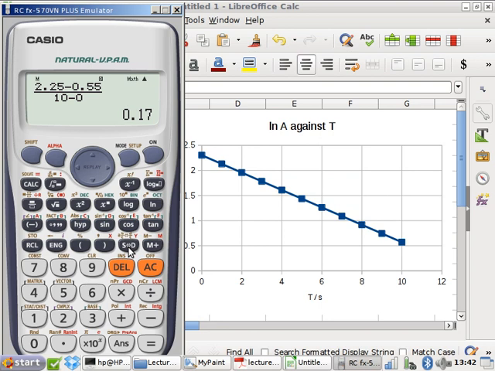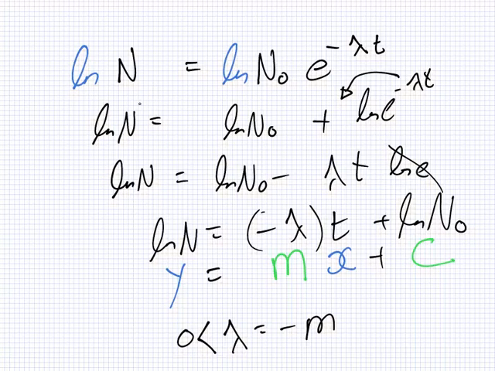In my head I'm changing the signs. I know the answer should be positive, so I'm making the sign changes without writing them down, because I'll end up getting a minus minus, so I'm just going straight into the positive numbers. 0.17 is the lambda. What's the unit though? Guys, what's the unit?